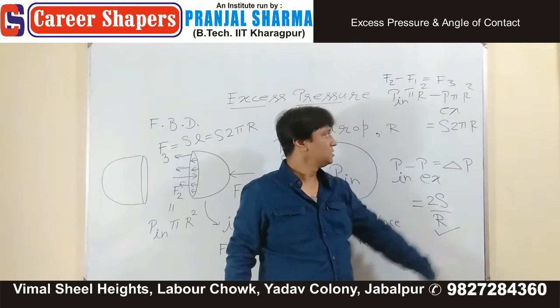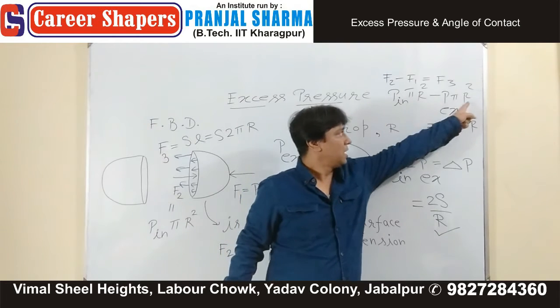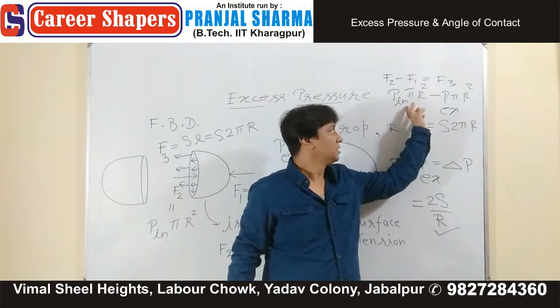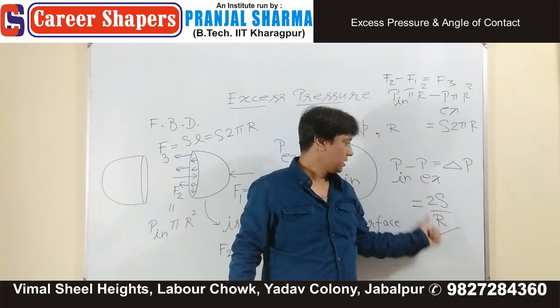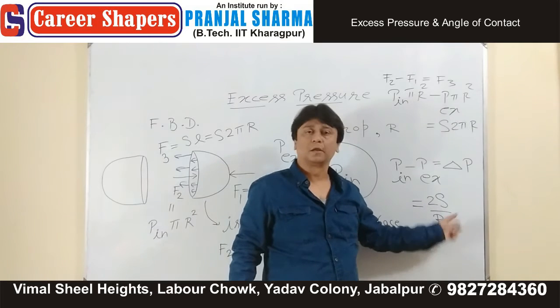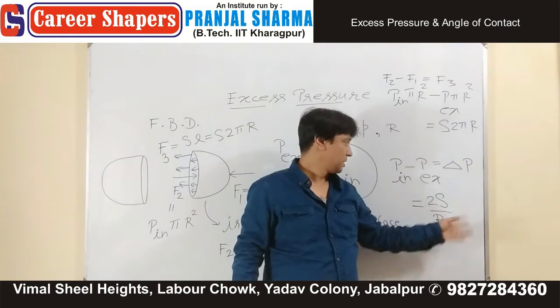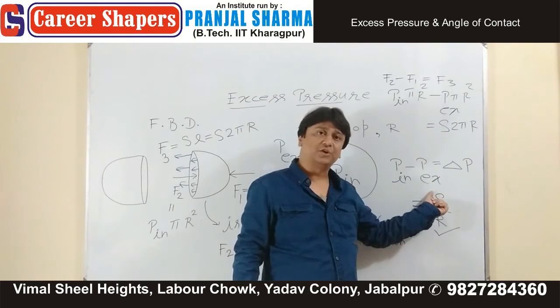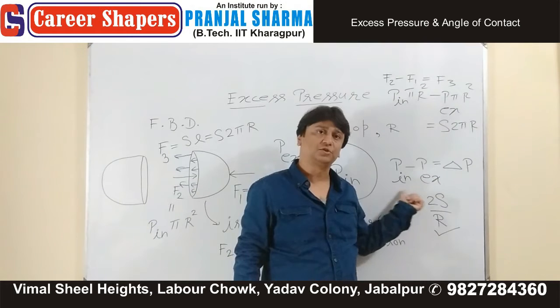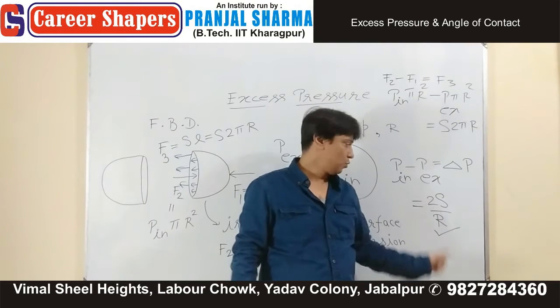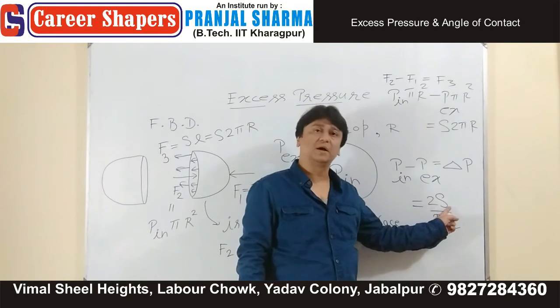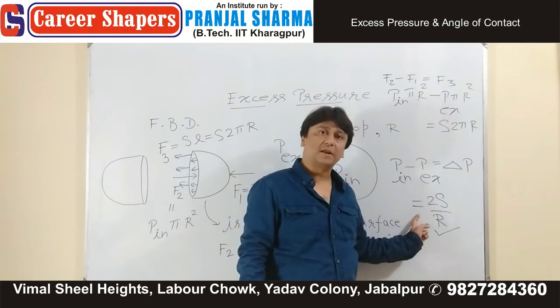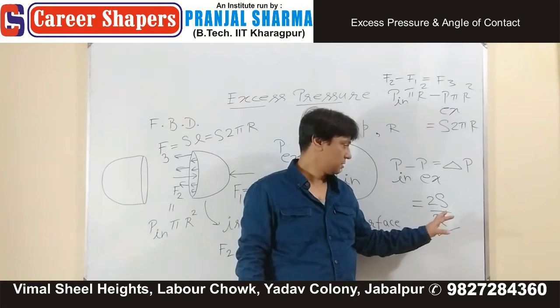Shift the r over here. This becomes 2S upon r. For a drop, the internal pressure and external pressure, if you take the difference of these two, will be equal to 2 multiplied by surface tension divided by r.